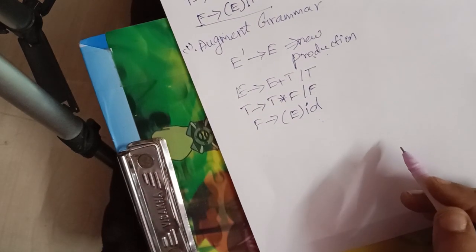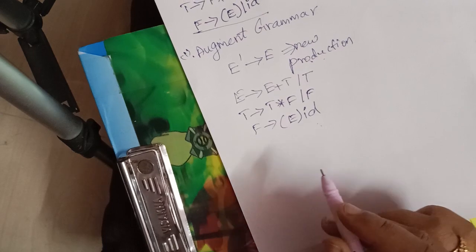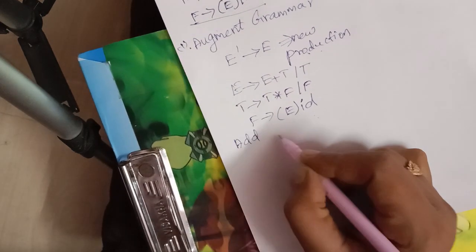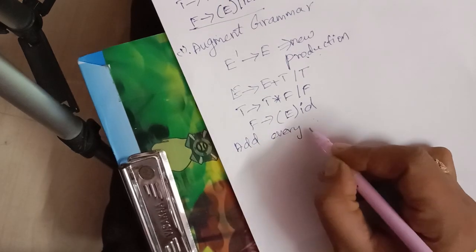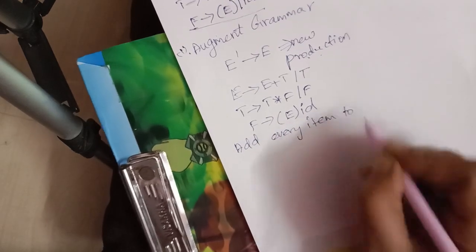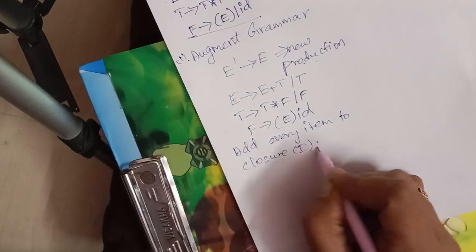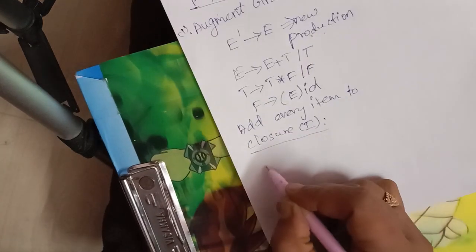Now you need to add every item to closure of I, which means you have to write an item set I0.